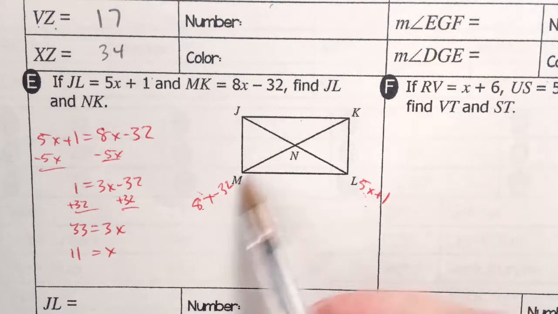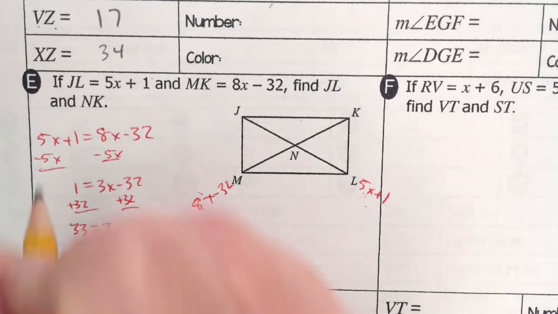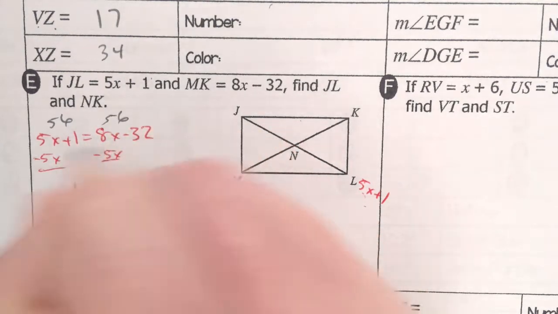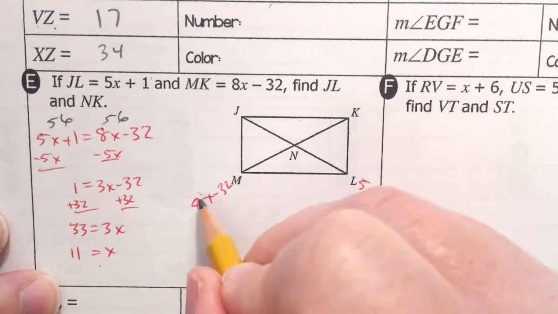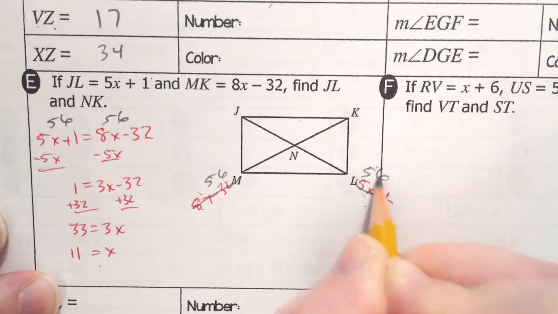A lot of people go, oh, this entire distance is 11. No, x is 11. Plug it back in. So 5 times 11 plus 1, this would be 56. And 8 times 11 minus 32, this is 56. So they were supposed to be equal, so I feel really good about this. So this entire distance now is 56, and this entire distance is 56.